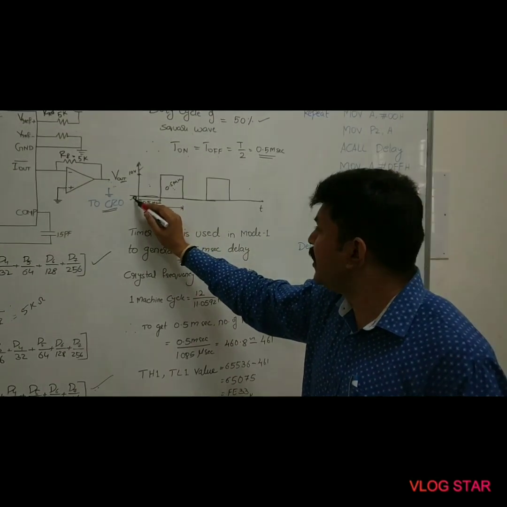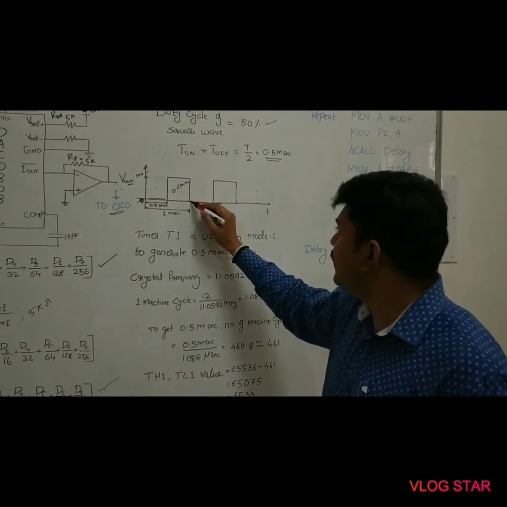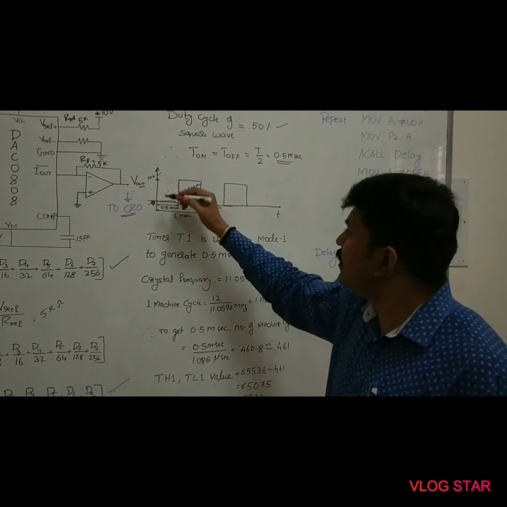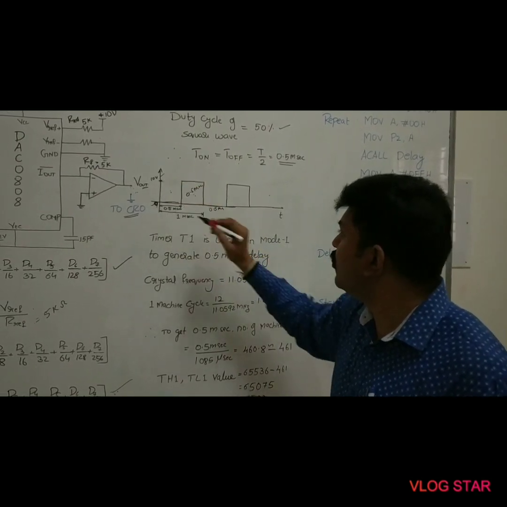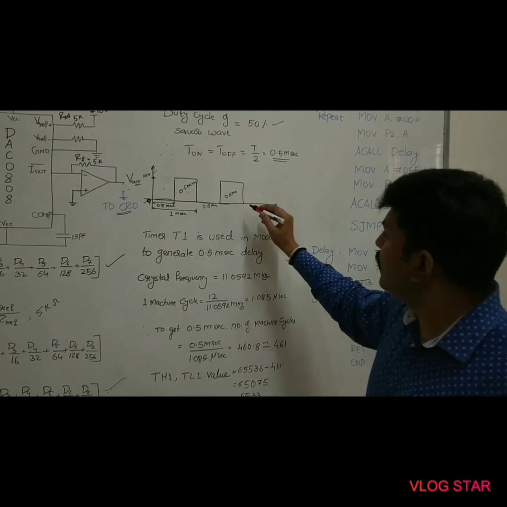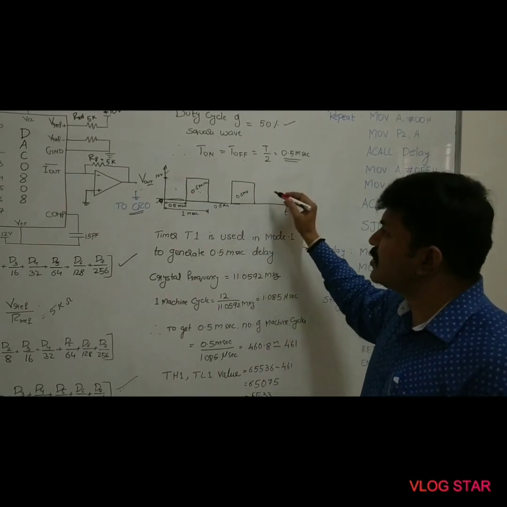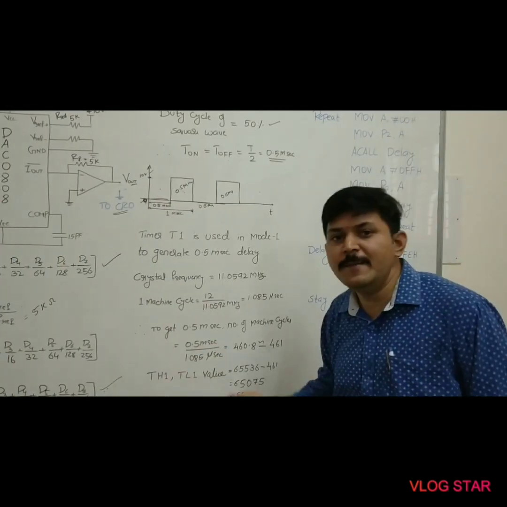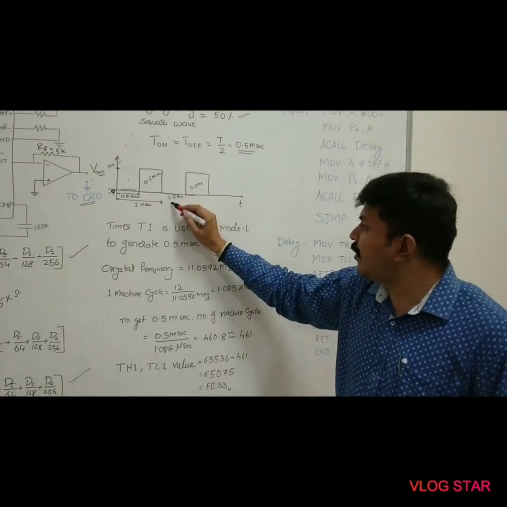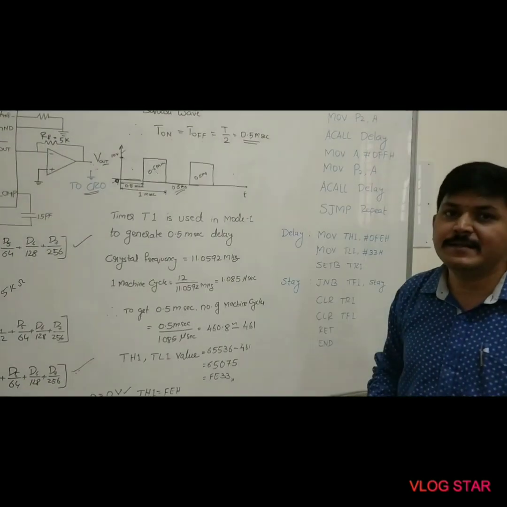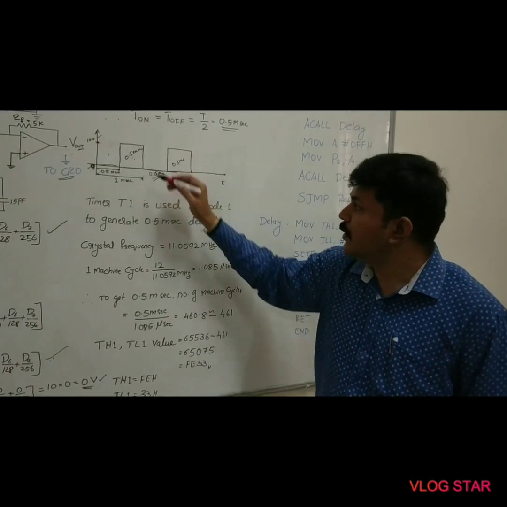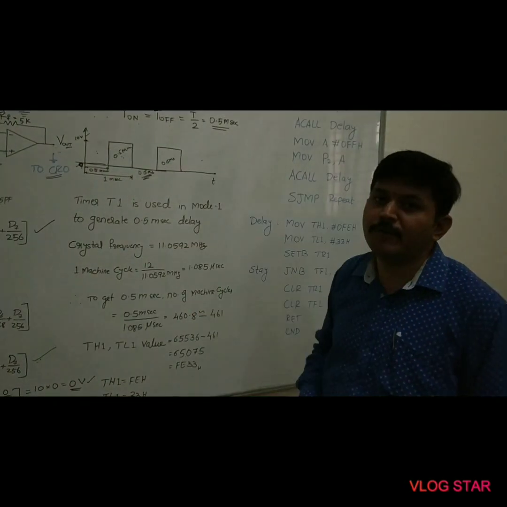Again, I'll bring the voltage to 0 volts with a delay of 0.5 milliseconds, and then keep the voltage at 10 volts with another 0.5 milliseconds delay. I repeat this process continuously, hence generating the square wave. That is the reason I require a delay of 0.5 milliseconds, whether the voltage is 0 volts or 10 volts.